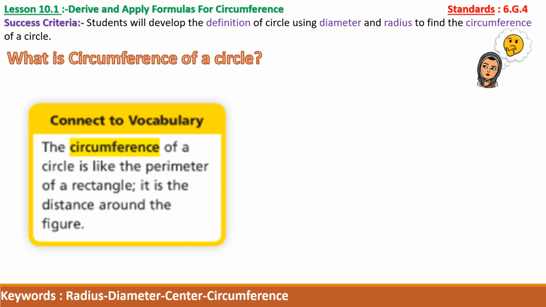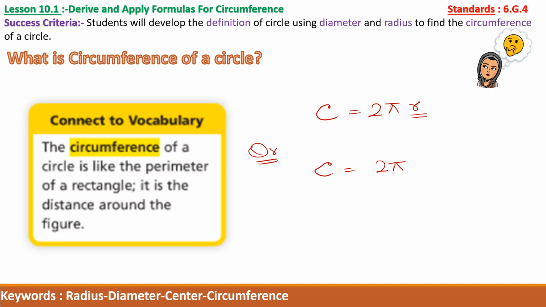What is the formula of the circumference? The formula for the circumference is C equals 2 pi r. Or if r is not given but the diameter is given, you can say C equals 2 pi, and what is r?